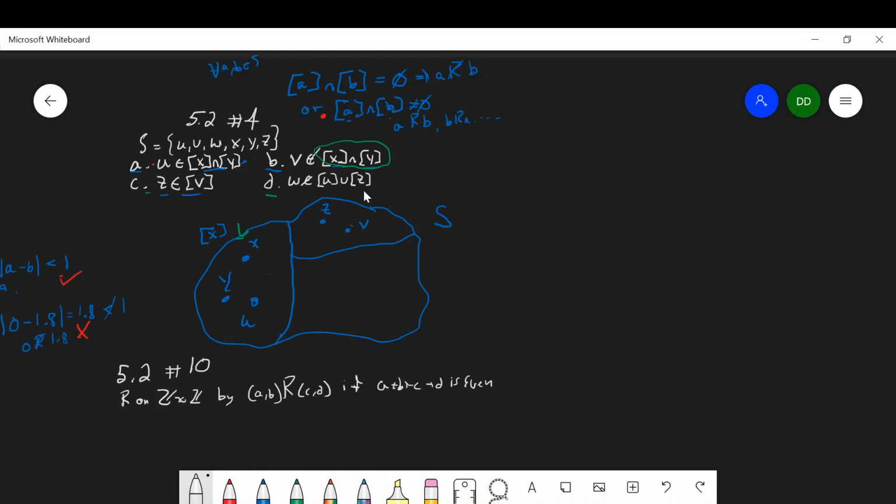W is not an element of U. So it's saying W is not an element of the equivalence class containing U, and it's not in the equivalence class containing Z. And so it must be by itself. Right, I saw some questions about this. So W not in that is the same thing as saying that W is not in U union Z.